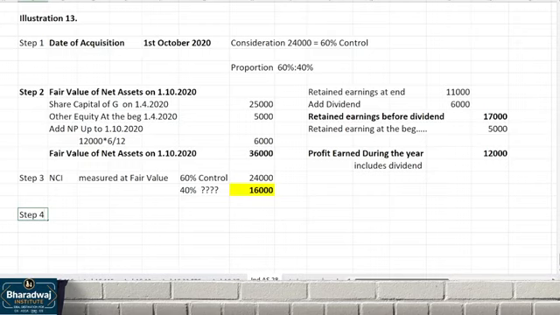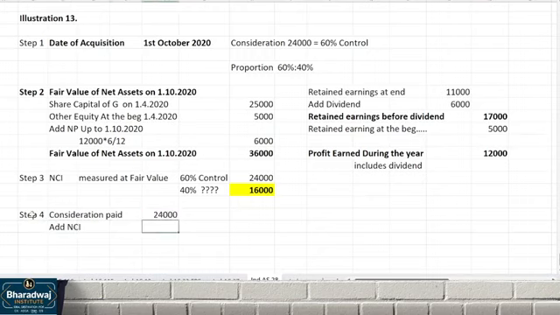Step 4. This is the initial value of NCI. What is step 4? Consideration paid is 24,000.